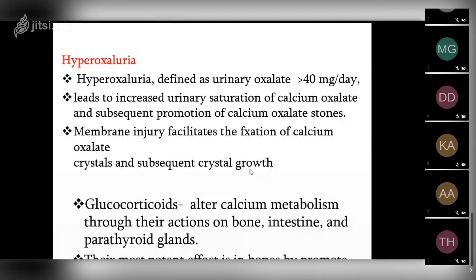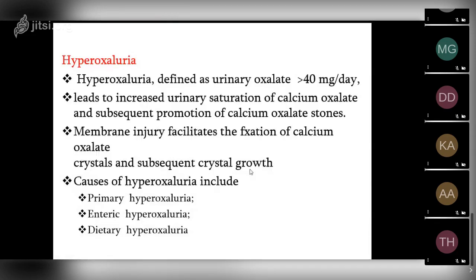Hyperoxaluria can also cause tubular injury, as you mentioned, that may help in fixation of these crystals. If there is no fixation, there is no stone growth. So fixation is important, and hyperoxaluria has its own importance in causing tubular injury and promoting fixation of crystals.